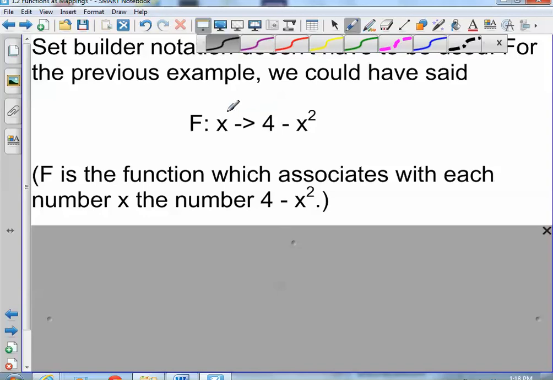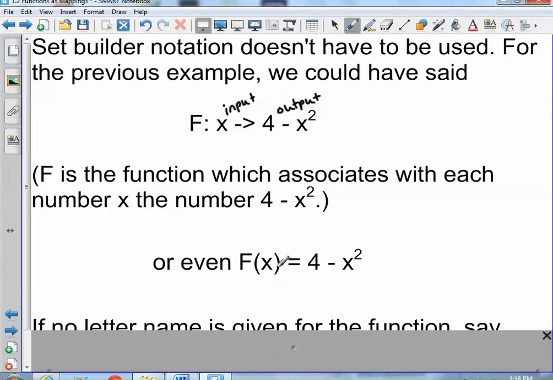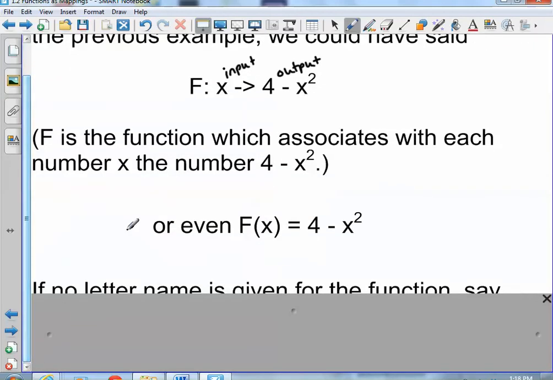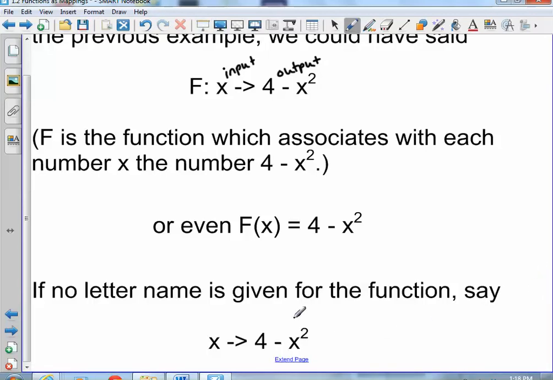The part before the arrow, that's your input or your domain. The part after the arrow, that's your output or your range. The way we most often see functions written is just as an equation, f of x equals 4 minus x squared. That's the way we see it in college algebra, algebra 2, most common.